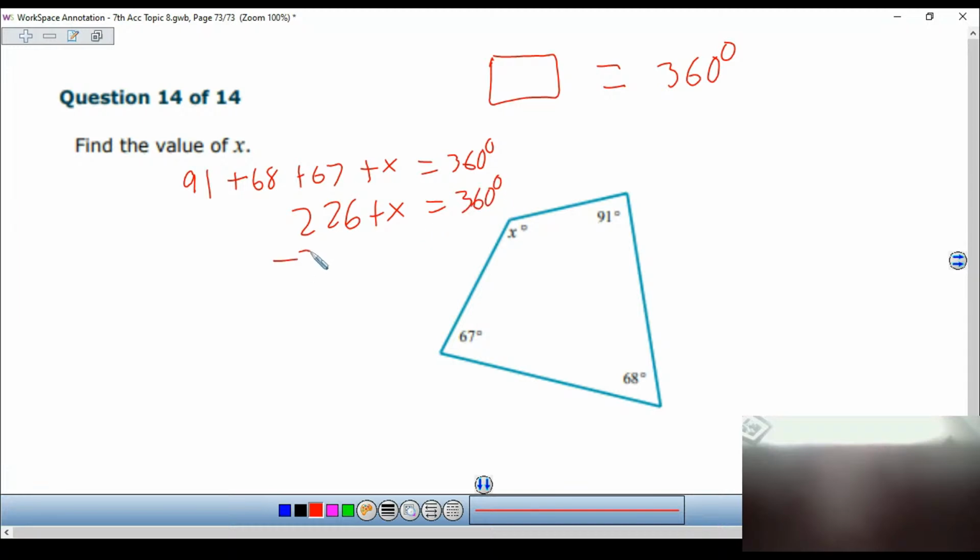We subtract 226 from both sides, and we end up with x being equal to 134 degrees. All right. And that is it, my friends.